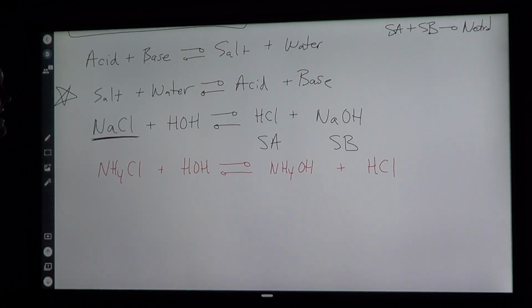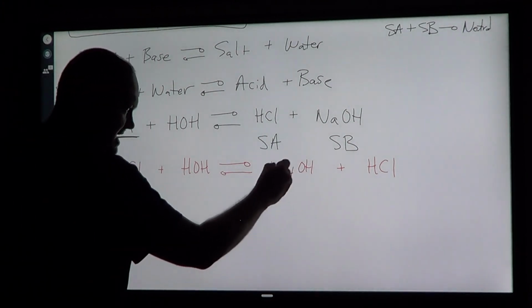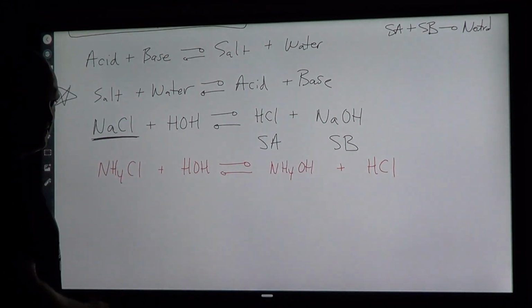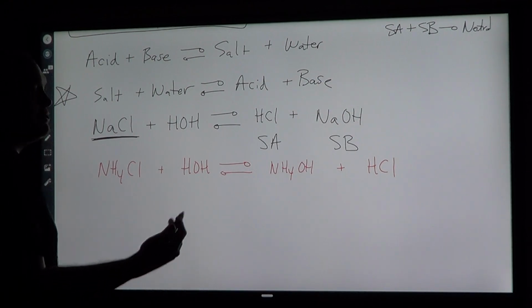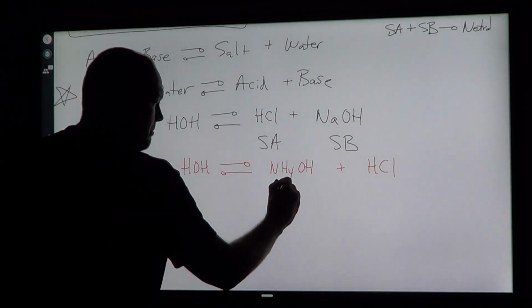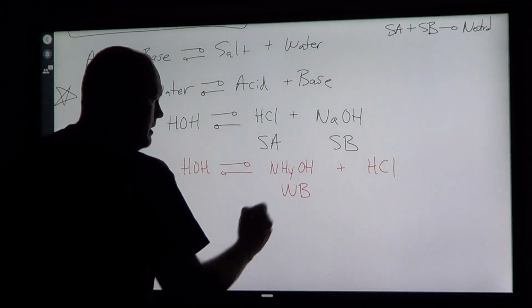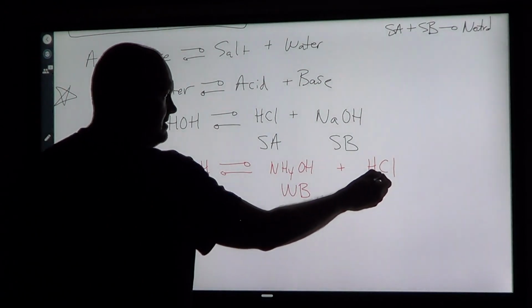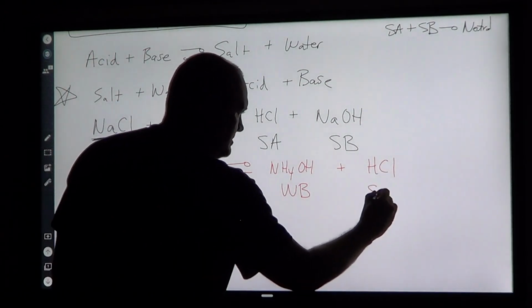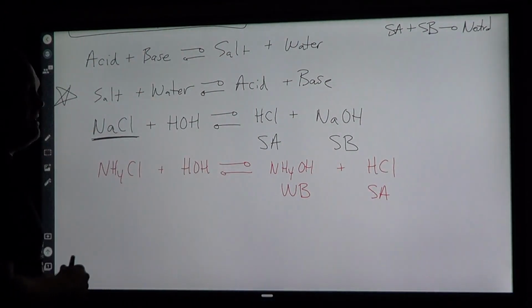All you have to do is ask yourself, is this one of the 6 bases that I asked you to memorize that are strong bases? The answer is no, which means if it's not a strong base, it must be a weak base. Is hydrochloric acid one of the strong acids? It is. Okay?